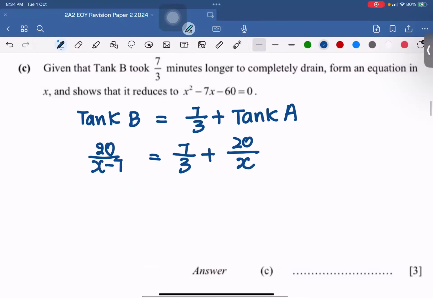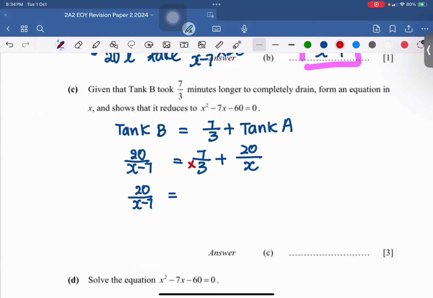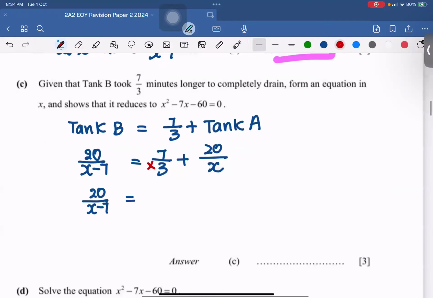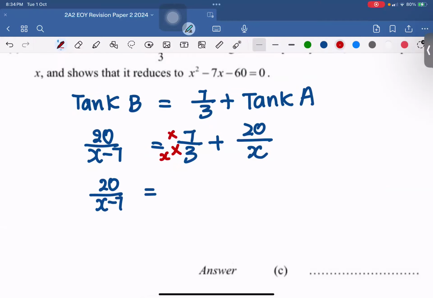I'm going to make the denominator the same. How do you make the denominator the same over at this side? What do I need to multiply here? Times x. Maybe if you put it on the other side, you shift already, then you need to times x minus 7. So in this case, I just times x times 3. So I will have the same denominator, 3x.